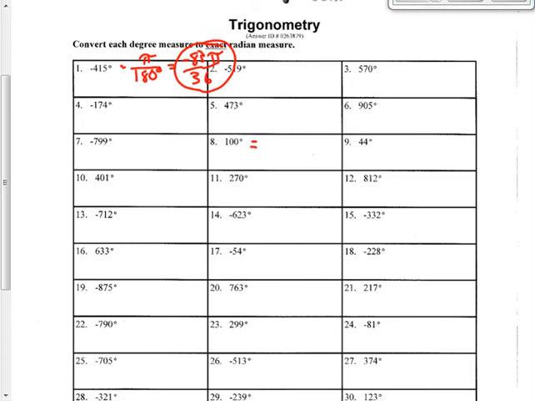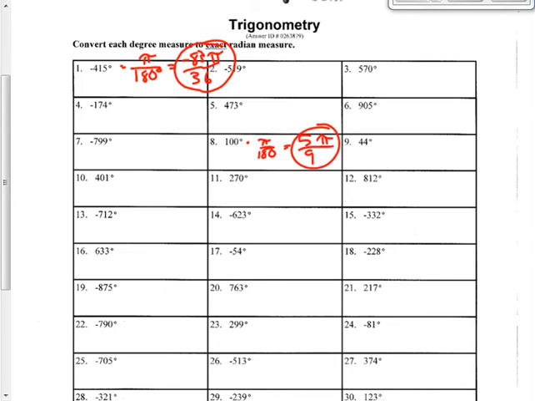Okay, let's run down on this one. Check out a positive one here. So I'm going to multiply this by pi over 180. So I have 100 pi over 180, and that 100 divided by 180, if I turn it back into a fraction or reduce it, is 5/9, and that pi is going on top.